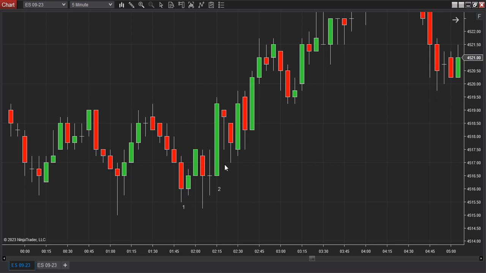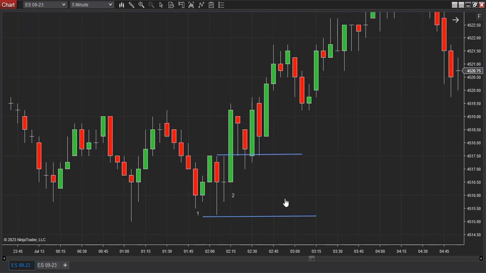But if I were to take this trade, and let's just say that I was going to enter on a stop market order at one tick above the height of the previous bar, and my stop loss would be one tick underneath the previous low here.